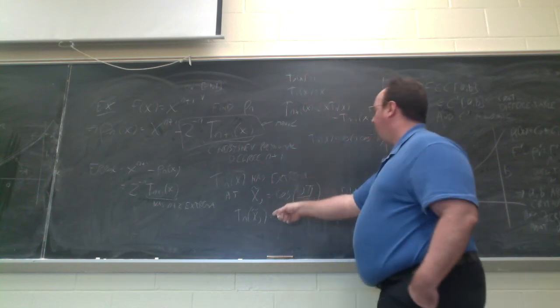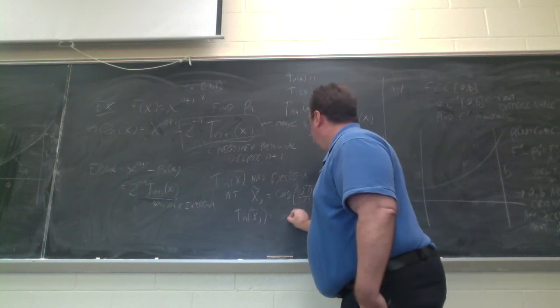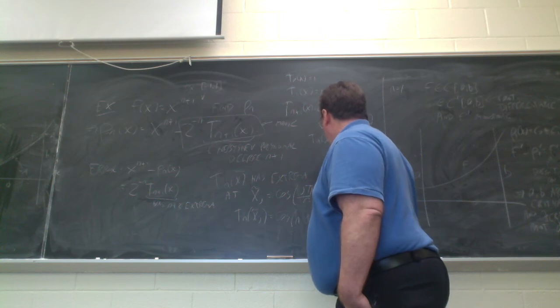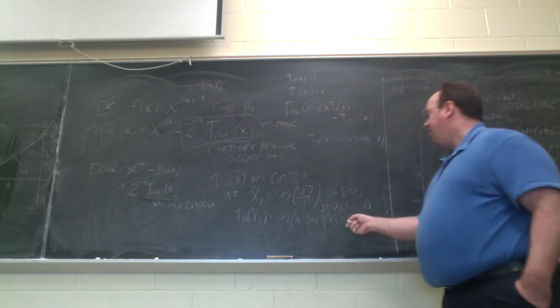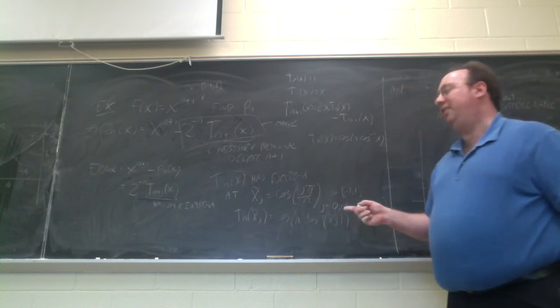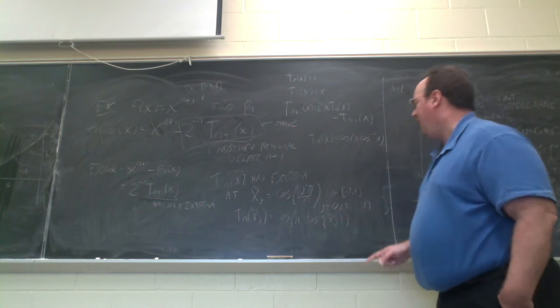So if I use this formula, I get cosine of n inverse cosine of xj tilde. But xj tilde is itself a cosine, which cancels with the inverse cosine.